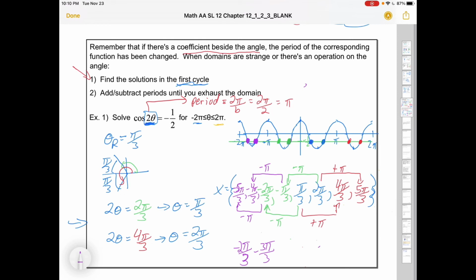Okay. So we add or subtract periods until we exhaust the domain. That's kind of tricky, so let's do another one.